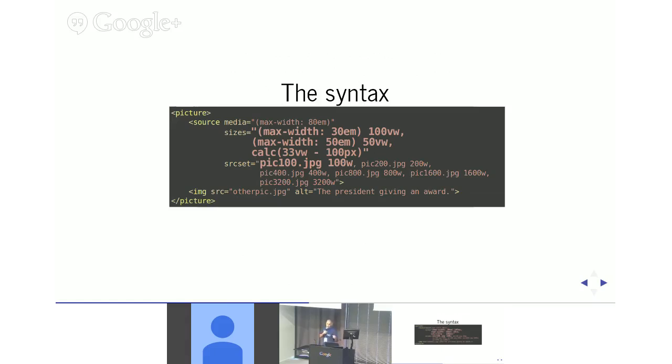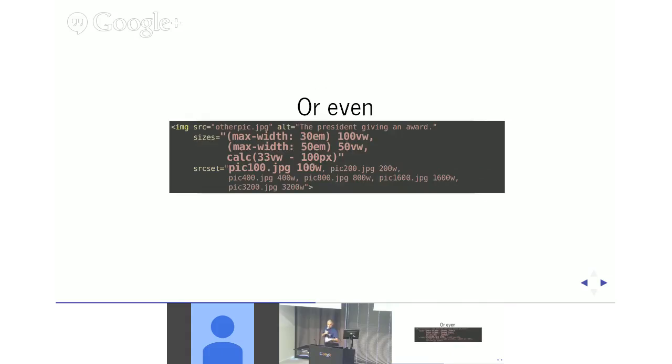Basically what the browser does is it takes the size, then divides it by the width, and comes up with a DPR for each one of the images, and picks the best DPR that fits its screen. And exactly the same syntax can be applied to the image tag.